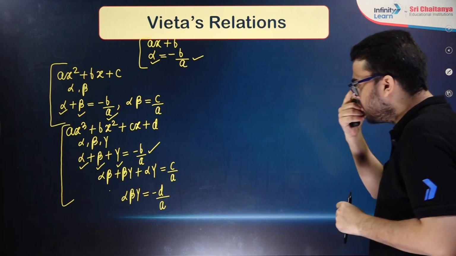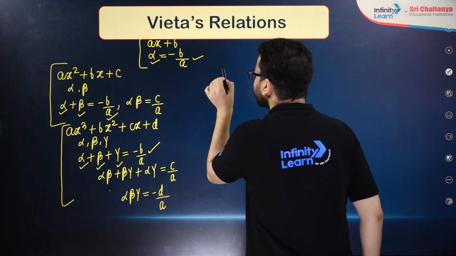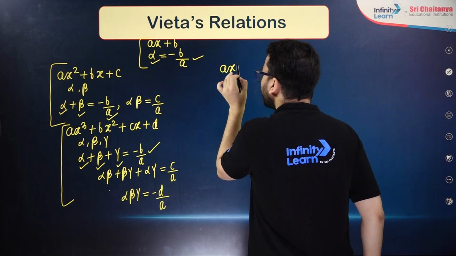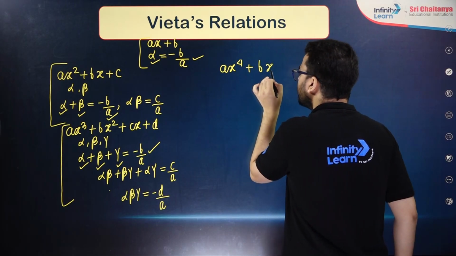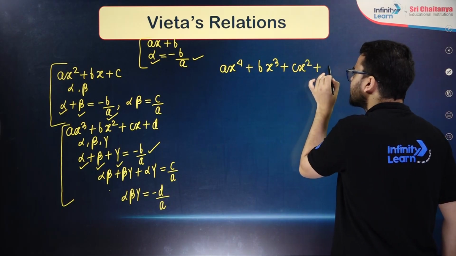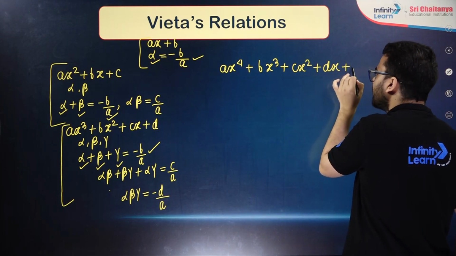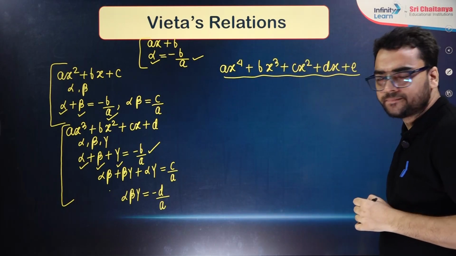Now suppose with the same logic, I extend it to a 4-degree polynomial. The standard form of a 4-degree polynomial will be ax raised to the power 4, plus bx cube, plus cx square, plus dx, plus e. This is the standard form of a 4-degree polynomial.